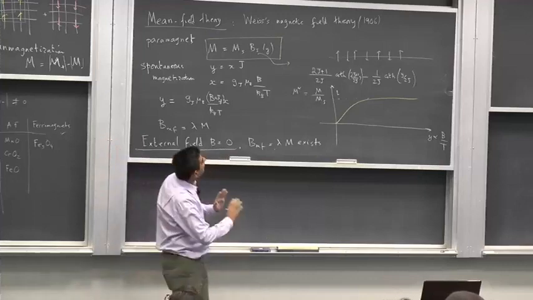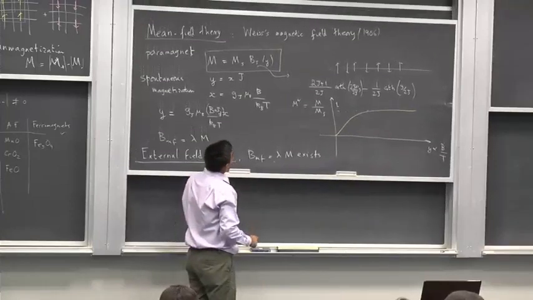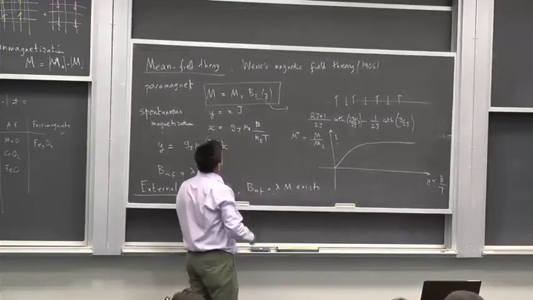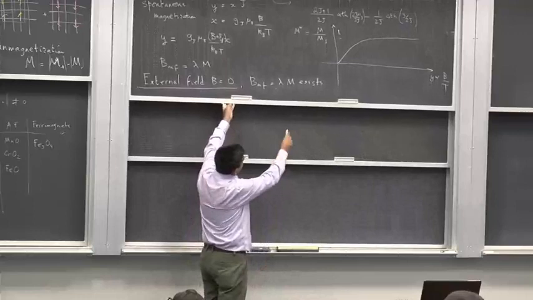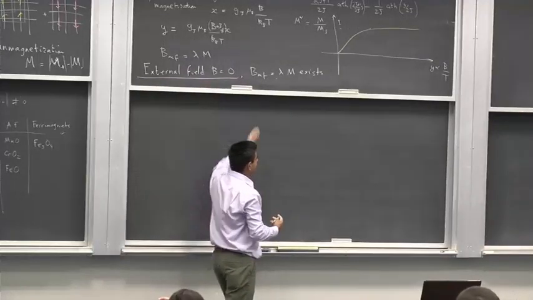Right? So now we have two kinds of equations. One equation is the Brillouin function equation, which tells us what the paramagnetic state is.